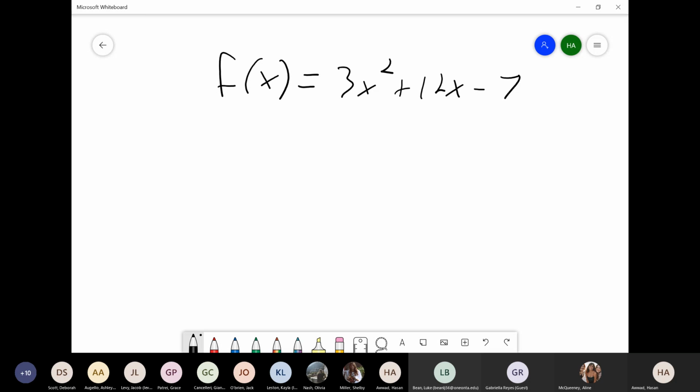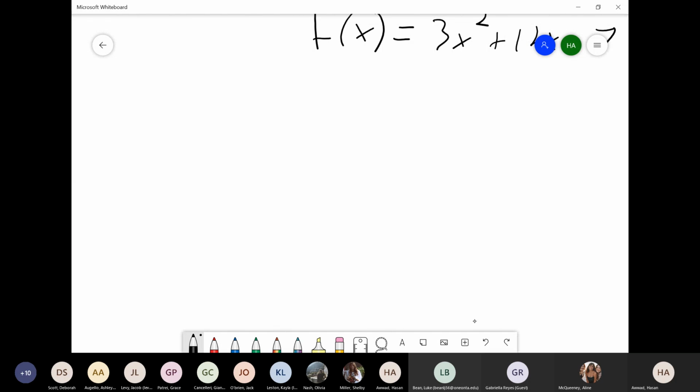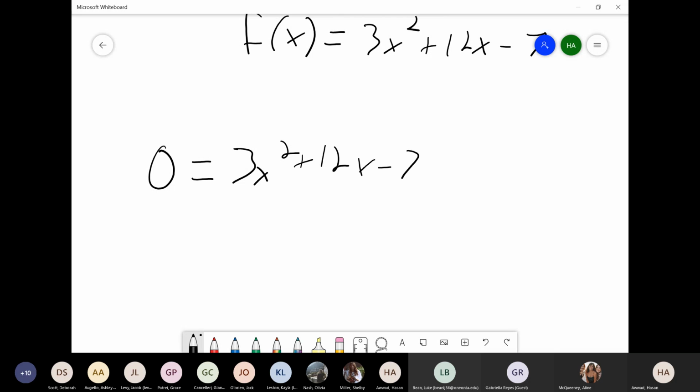So standard form of a function, when it's in general form, generally implies that you have to complete the square. Now, when we've done this in the past, we were always starting with a 0 on the other side. So, for example, we would have had 0 is equal to 3x squared plus 12x minus 7.